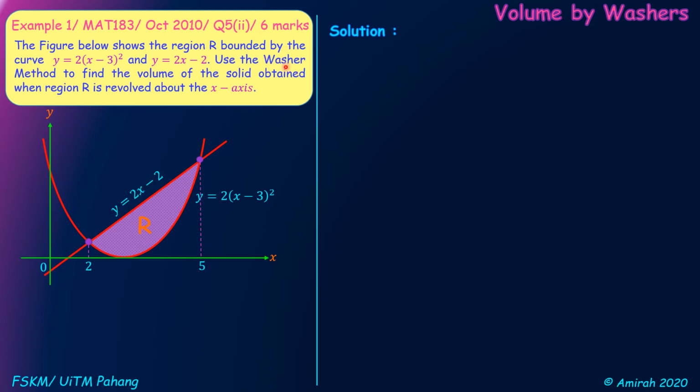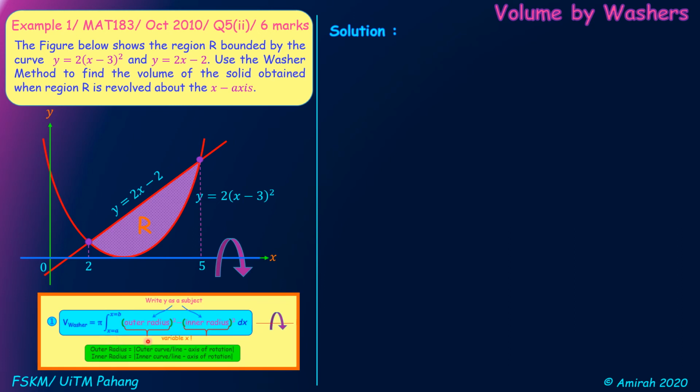Use the washer method to find the volume of the solid obtained when the region R is revolved about the x-axis. From the given question, the axis of rotation is the x-axis.